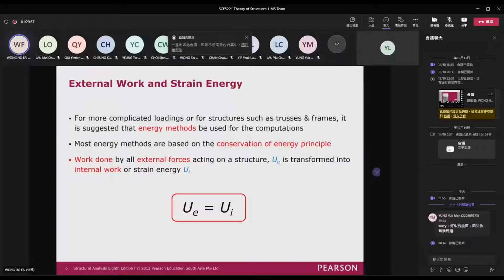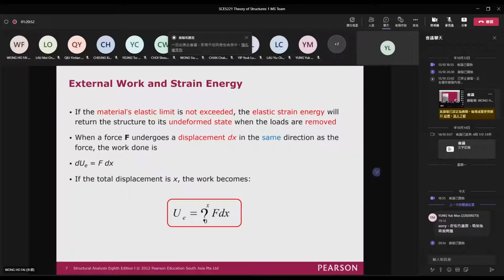So the external work done by the force should be equal to the strain energy inside the structure. They should be equal, so we use the concept of conservation of energy. Here again, we need to state that this question mark is the integration.